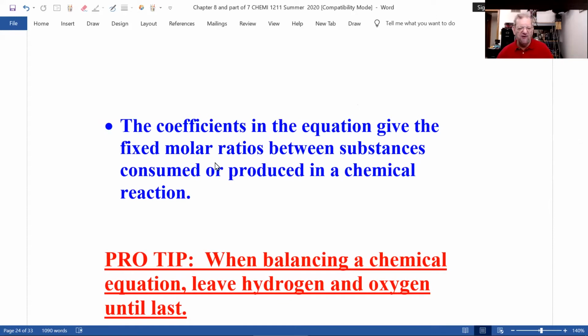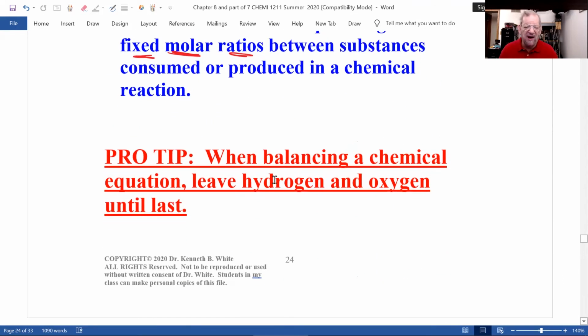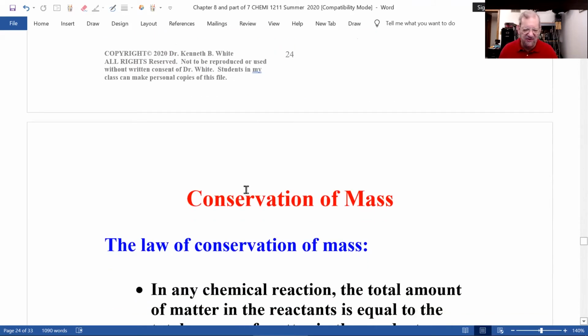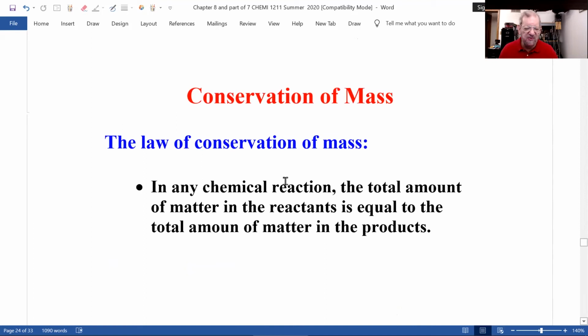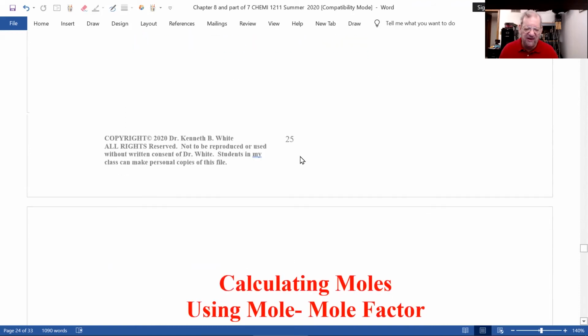This is so important, so powerful. The coefficients give fixed molar ratios between substances consumed, in other words used, starting with, or reacted, and what you make. When we have a balanced chemical equation, well, I already told you, and I've also mentioned that in any chemical equation, the total amount of matter is equal on both sides, what you make and what you get.